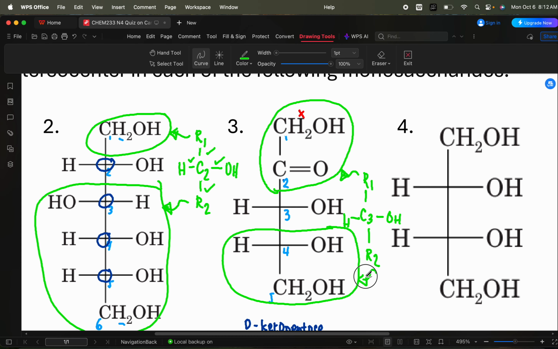R1 is not the same as R2. We have hydrogen, hydroxide, all are unique, therefore carbon number 3 is a stereocenter. Same goes with carbon number 4. And for carbon number 5, we have 2 hydrogens attached to the carbon, so this is not a stereocenter.